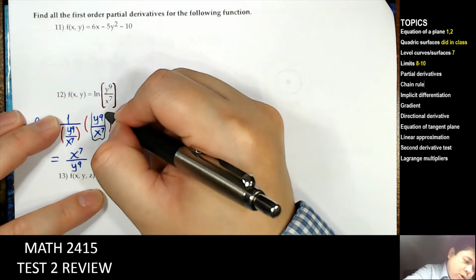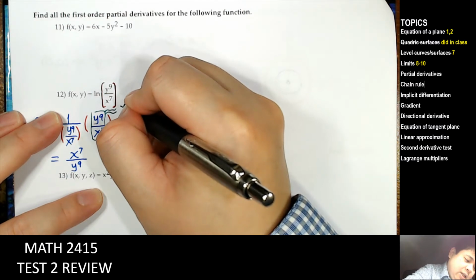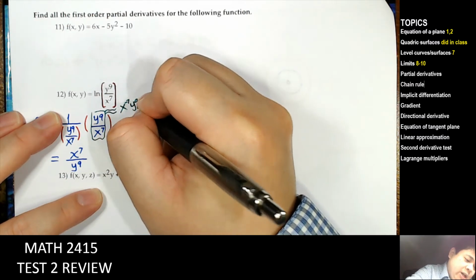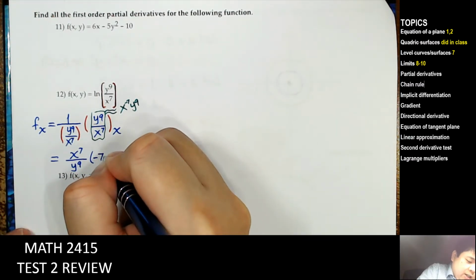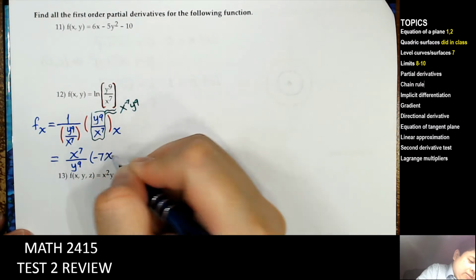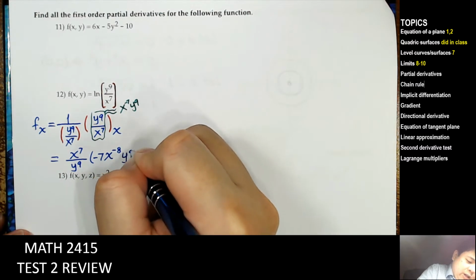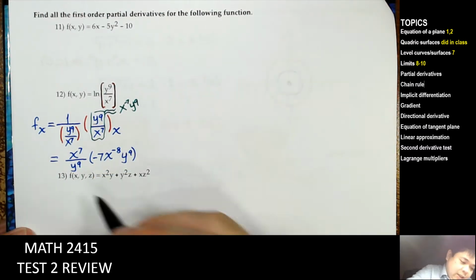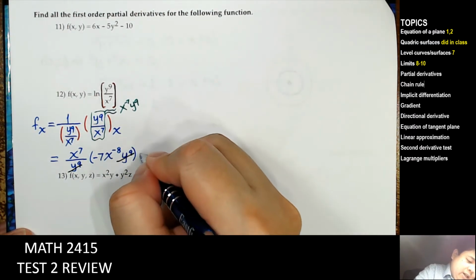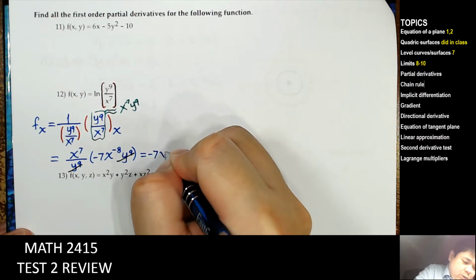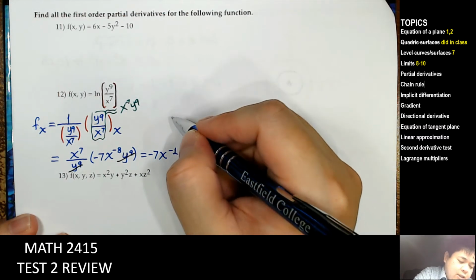Now just write this part alone: x to the negative 7, y to the 9. And when we take derivative of that, it is negative 7 x to the negative 8, and then y to the 9. Cancel. And x to the 7 times x to the negative 8, we have negative 7 x to the negative 1. Right?